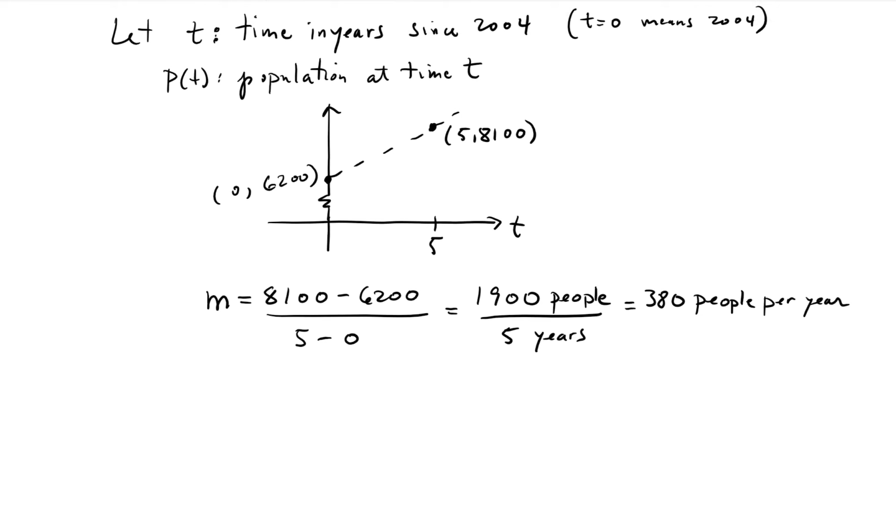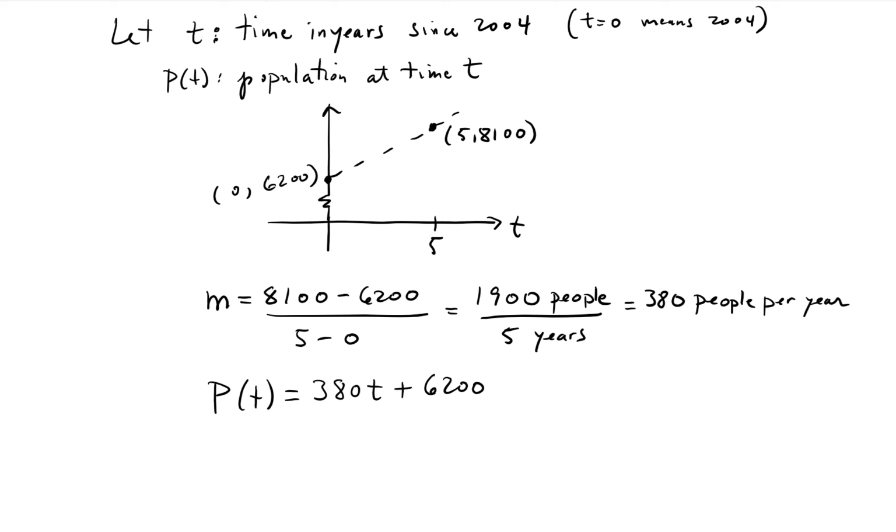All right. So P of t will be, well, I've got the slope, I've got the y-intercept, so I'm all set up. 380 t plus my y-intercept. So the data that I have allows me to write it immediately in slope-intercept form because I know the slope, I know the intercept.